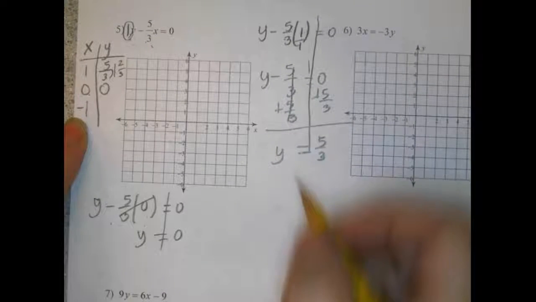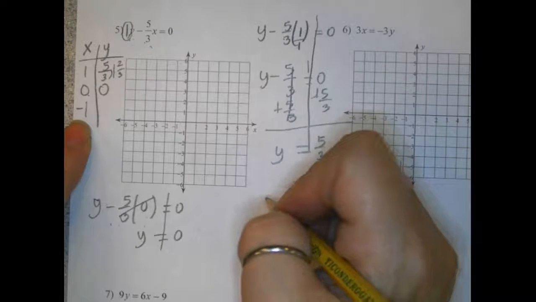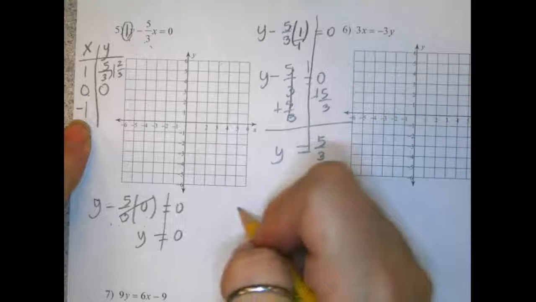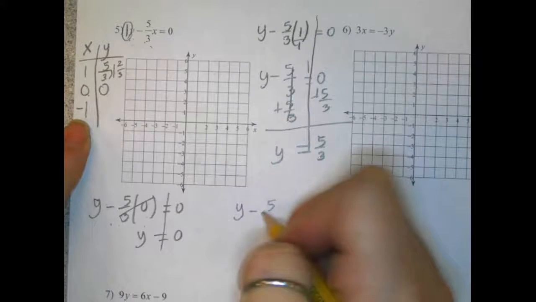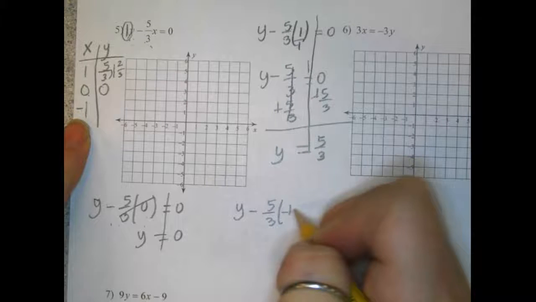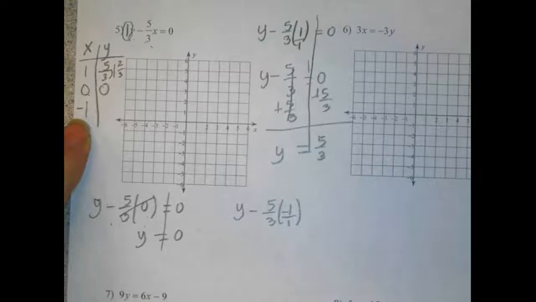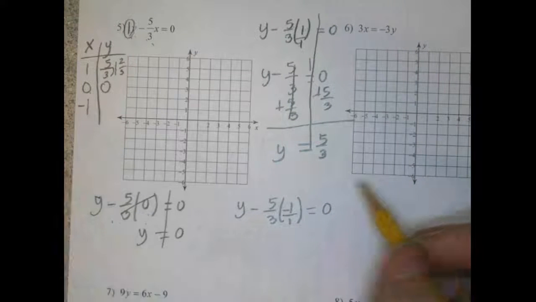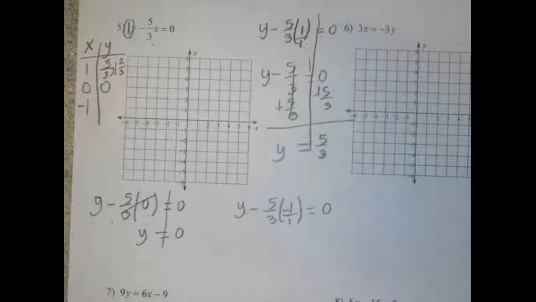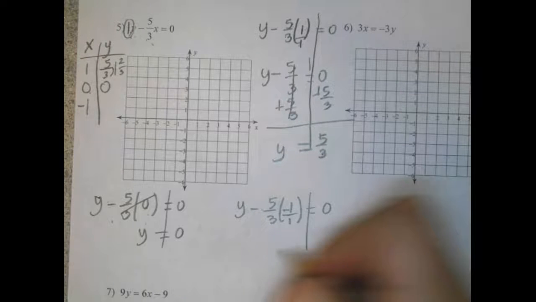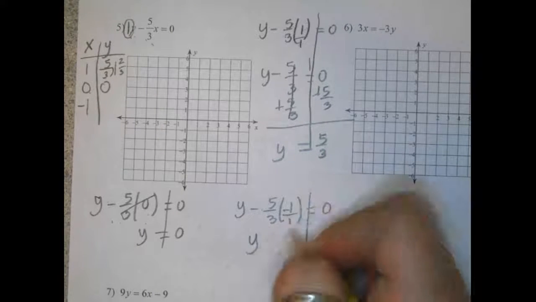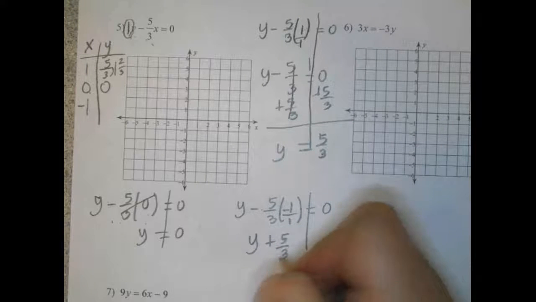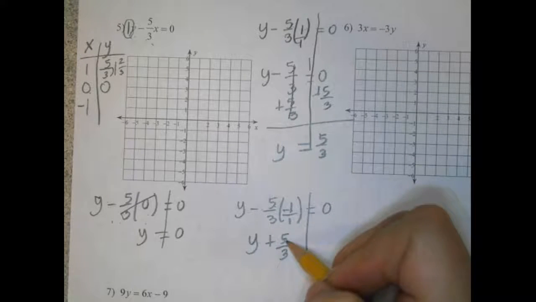Last one. This time x is going to be negative 1. So y minus 5/3 times a negative 1 over 1, I'm just going to make it a fraction, is equal to 0. Now negative times a negative becomes what? A positive. So this becomes y plus 5 over 3. 5 times 1 is 5, 3 times 1 is 3.